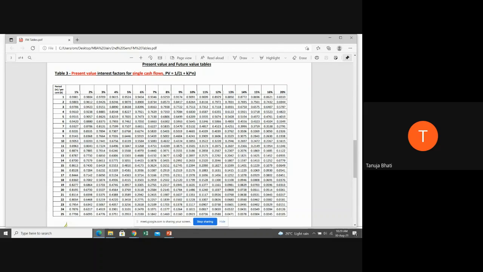So obviously we know that the factor is lying between two factors. Can you all tell me which are the two rates, the lower discount rate and the higher discount rate? For 10 years, with the PV factor 0.3625, can you tell me between what it is lying?